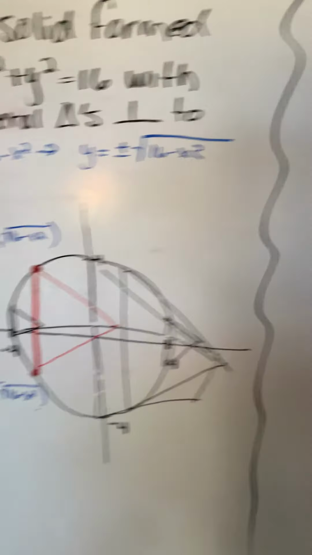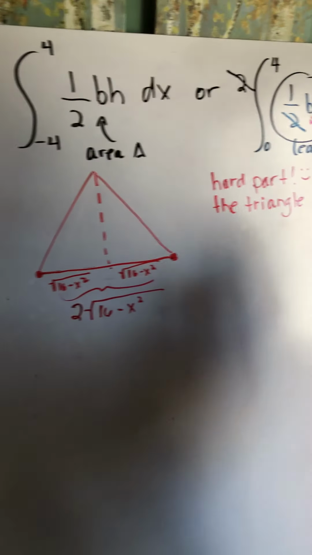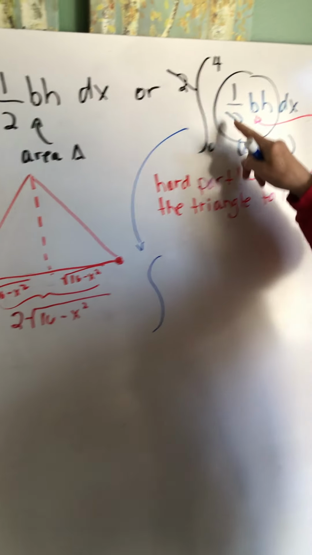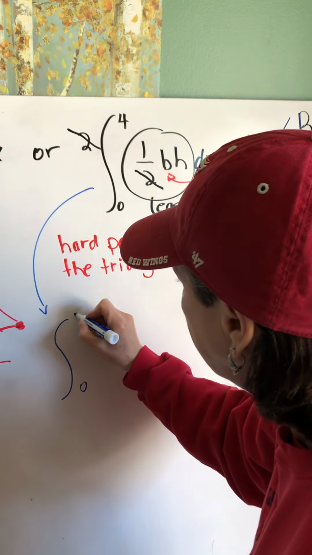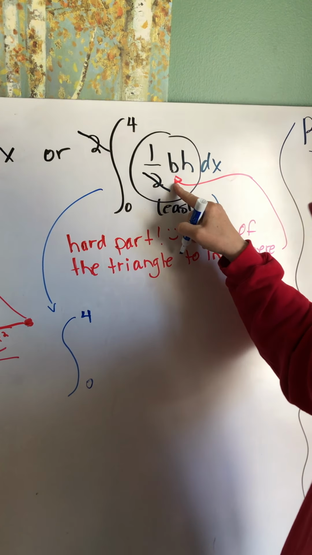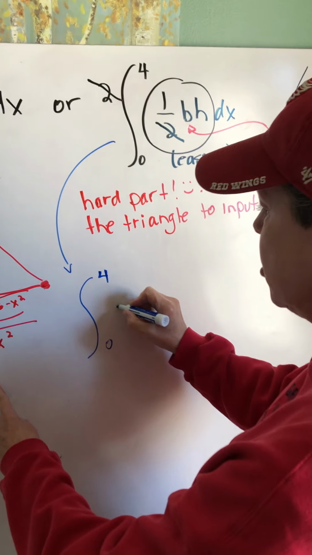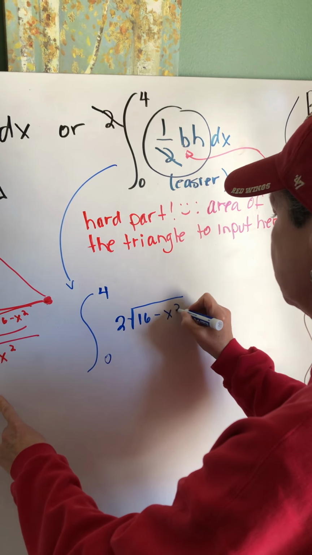We just saw that. Okay, so in blue, I can fill in a little bit. All right, we're getting there. This 2 and this 2 canceled out, going from 0 to 4. I now see that my base of my triangle, trying to write this area, is 2 square roots of 16 minus x squared.